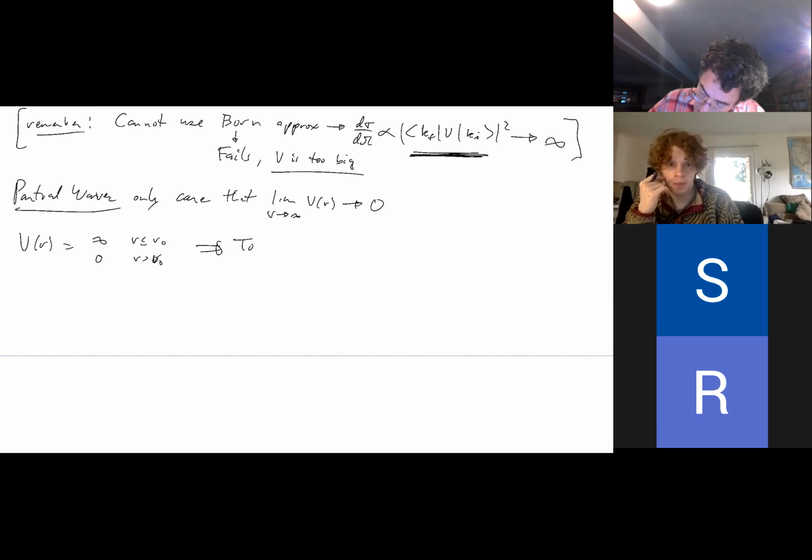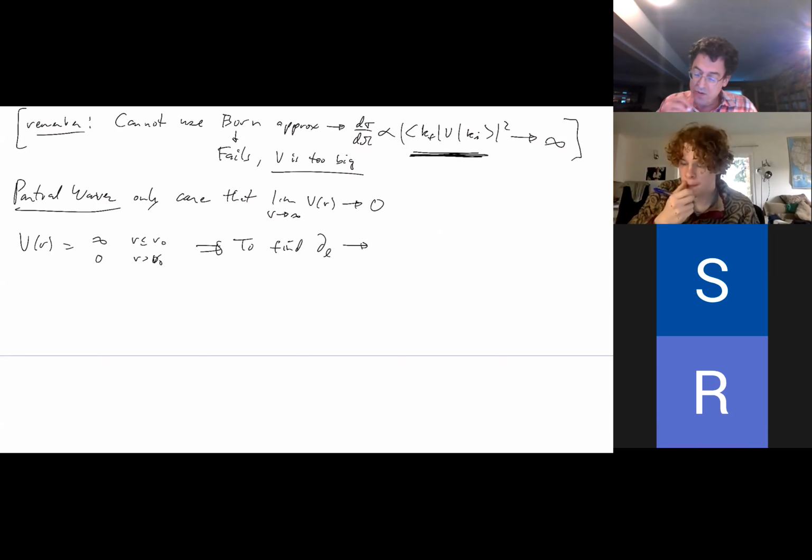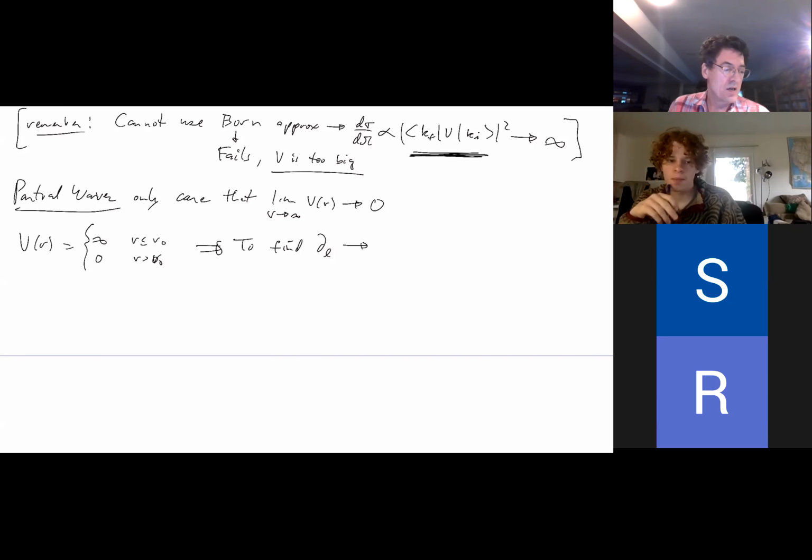So we need to find the scattering phase shifts, and to find the scattering phase shifts at a particular energy, we have to do what? So what are we going to do now? Somebody tell me. Solve the Schrodinger equation. Exactly.